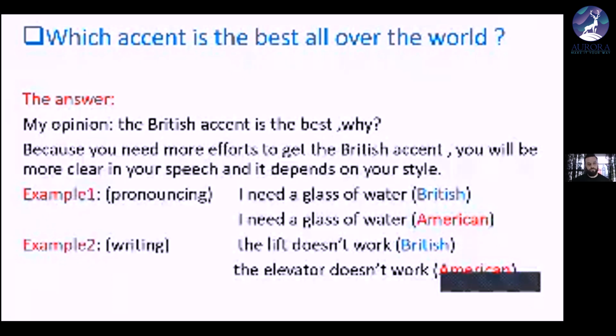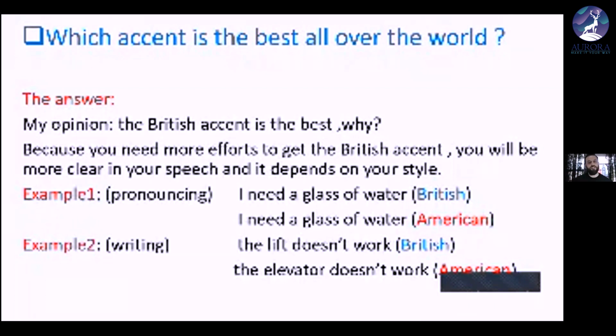Example two. The difference in writing, I mean choosing the words. When you take the British accent, you have to use special words for the British accent. And when you take the American one, you have to choose words specific to the American accent. Like in this example here. The first example is about the British accent: the lift doesn't work.